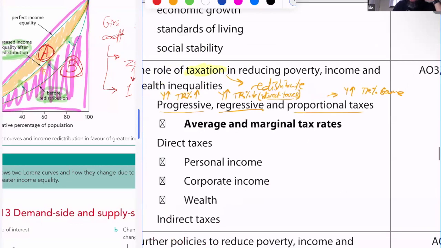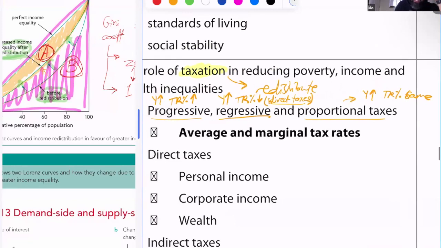Now, which of those tax systems is better or the best at redistributing income? Progressive. So progressive taxes are the best at redistributing income, if this is one of the goals of the government. Proportional taxes are okay at redistributing income.